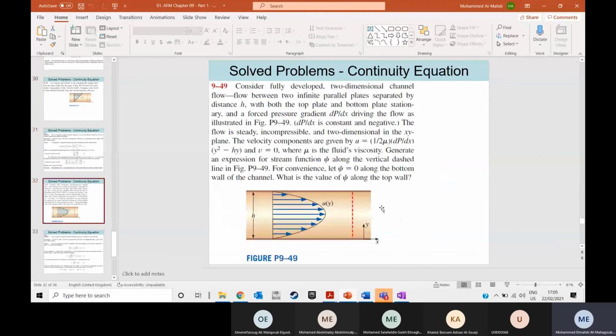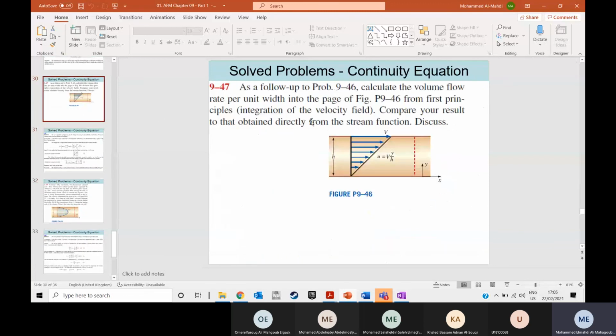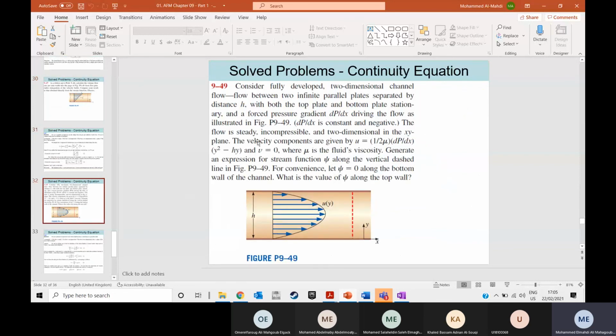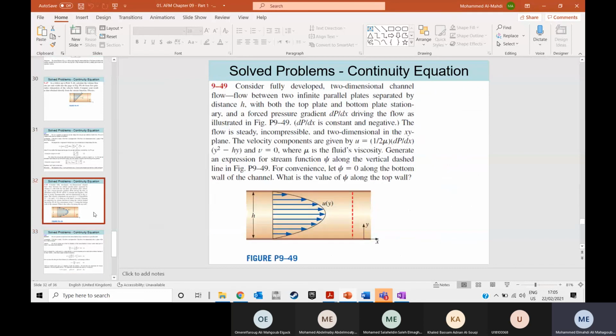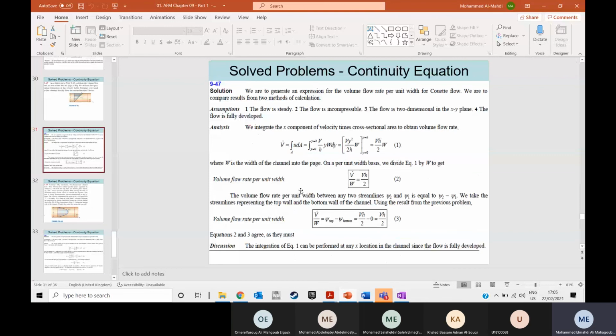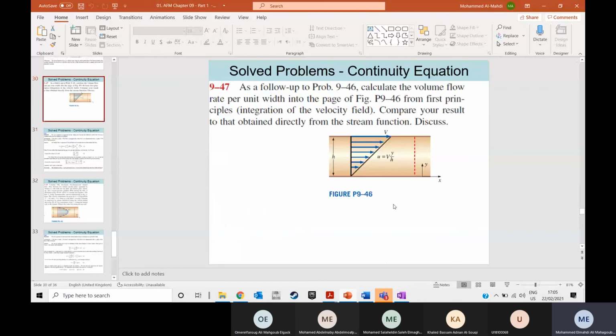And then again another question, but this one was a fully developed cavity flow. This one is open channel flow. Same thing exactly. He will give you the u, then you derive the psi, and then you calculate the volume flow rate. Then finally you prove how the volume flow rate is correct by using the integral form that you took in fluid mechanics.